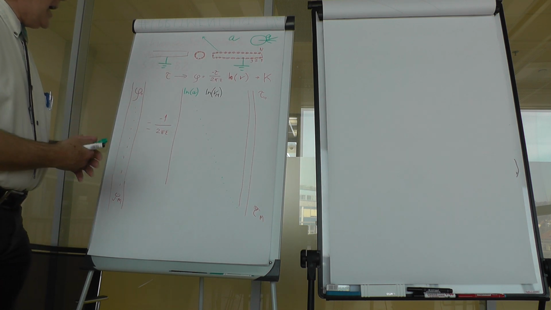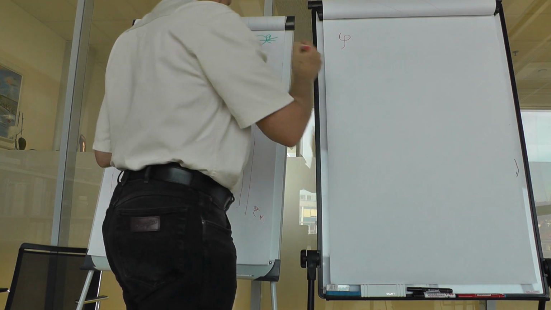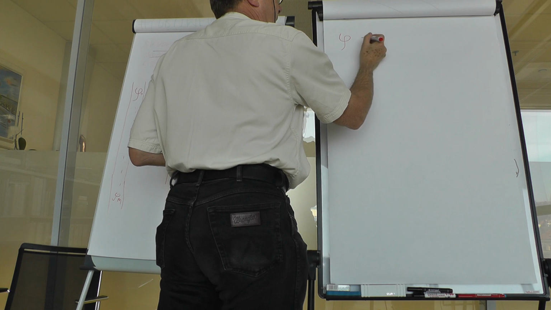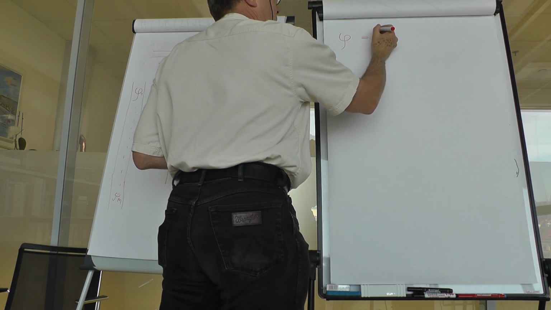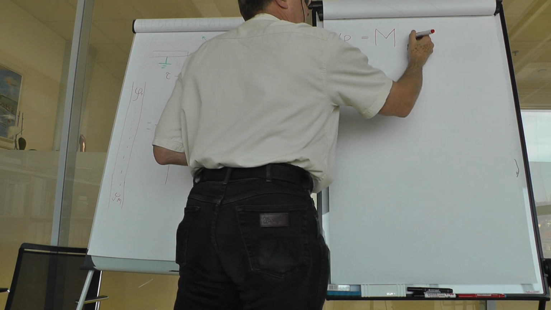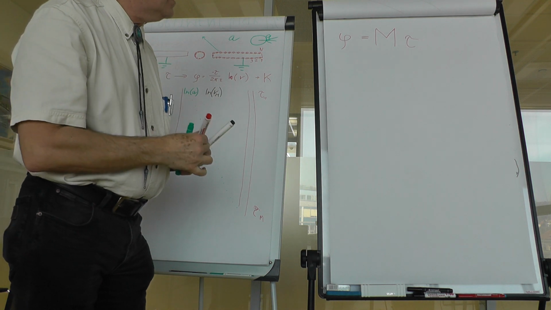Nice. So now I know that I have something like phi, which is a vector, is given by a matrix times a vector of charges.